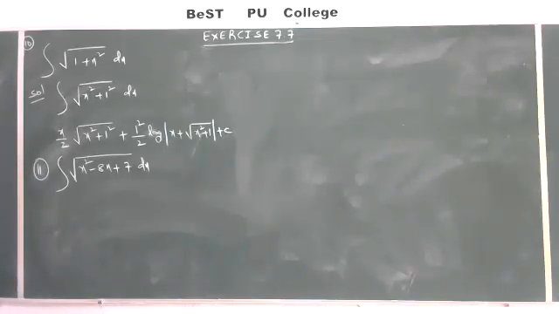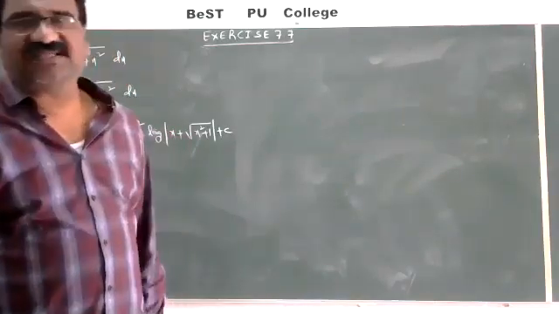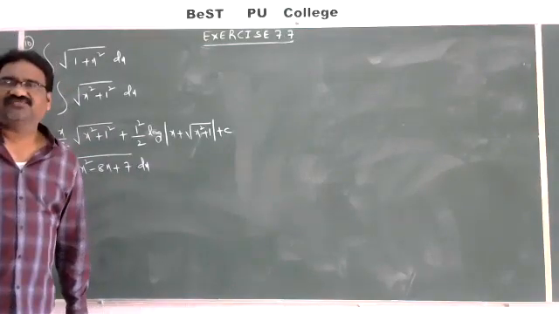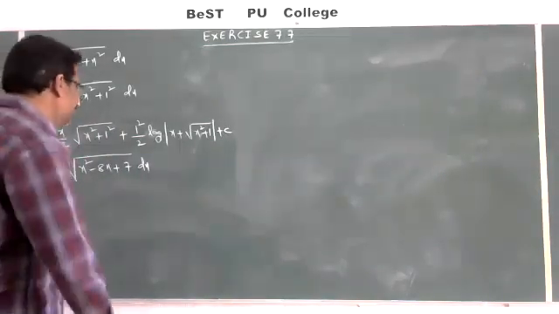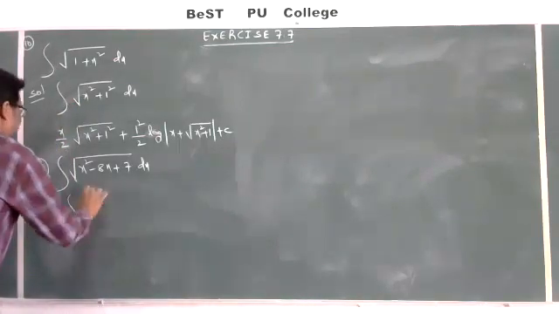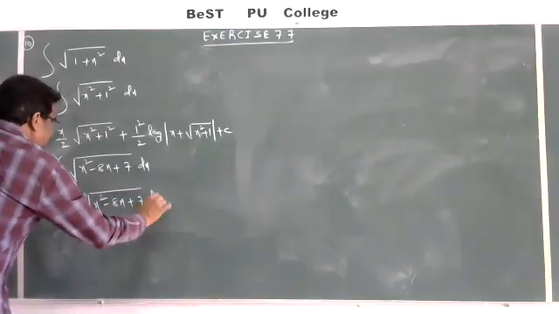You make this function in the form of integral root of x square plus a square, or root of x square minus a square, or root of a square minus x square, like that. That is the solution. Integral root of x square minus 8x plus 7 dx.